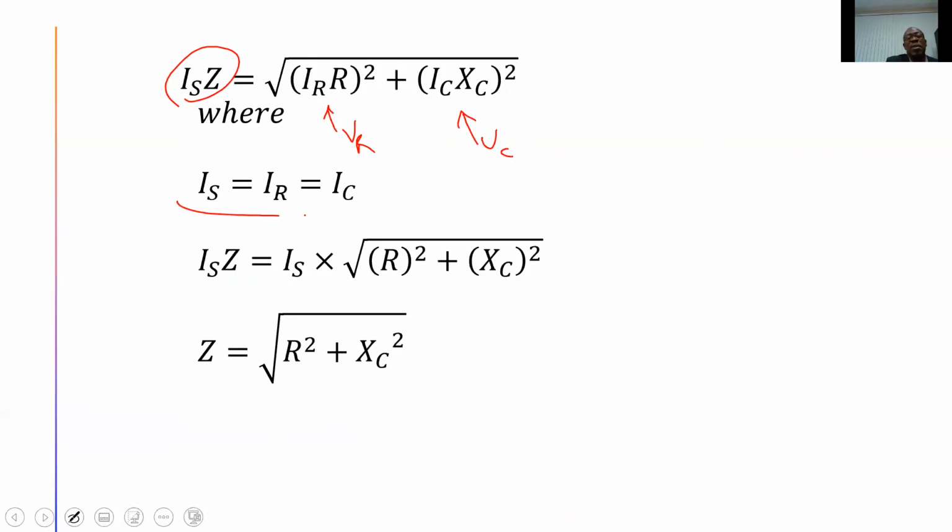Because we're dealing with a series circuit, all these currents are equal. So IS is the same as IR, which is the same as IC.